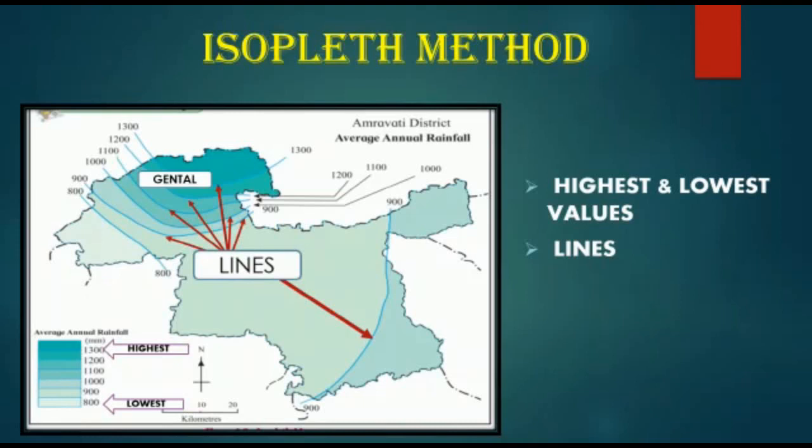Next we have lines. Lines are drawn for decided intervals. Here you can see that the locations with the same values are joined by lines. If the lines are closer to each other, the change in the variable is steep, and if the lines are away from each other, then it is gentle.